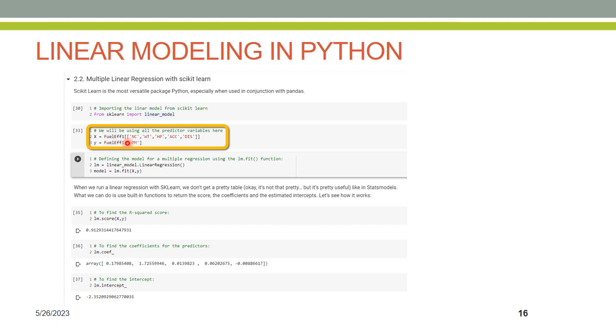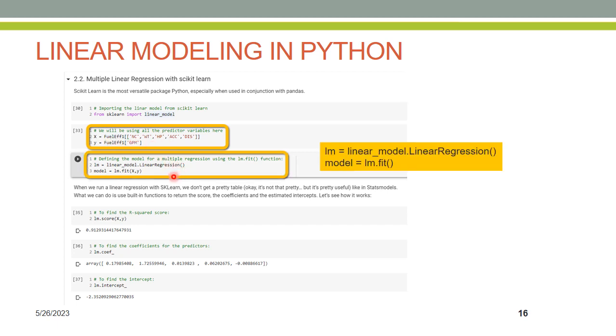And our Y is the response variable, GPM in our case. After that, we build our linear model here, the multiple linear regression model. We use the linear_model.LinearRegression function from scikit-learn and fit the model with lm.fit, lm being the alias that I've built here.